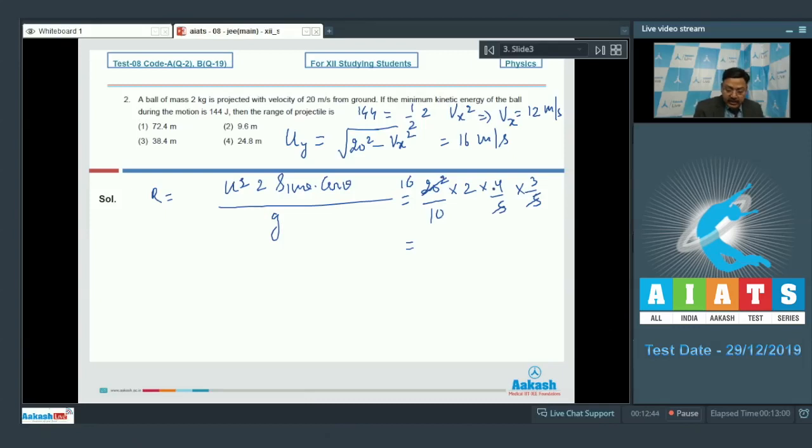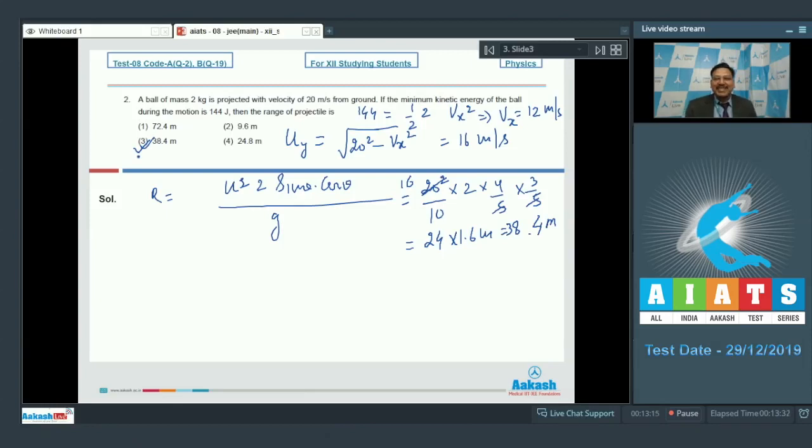So we get 2 into 4, 8. 8 into 3, 24. 24 into 1.6 rather, directly we can put it here, which is 4 here and then 38 here. So this comes out to be 38.4 meter range, which is matching with option 3.